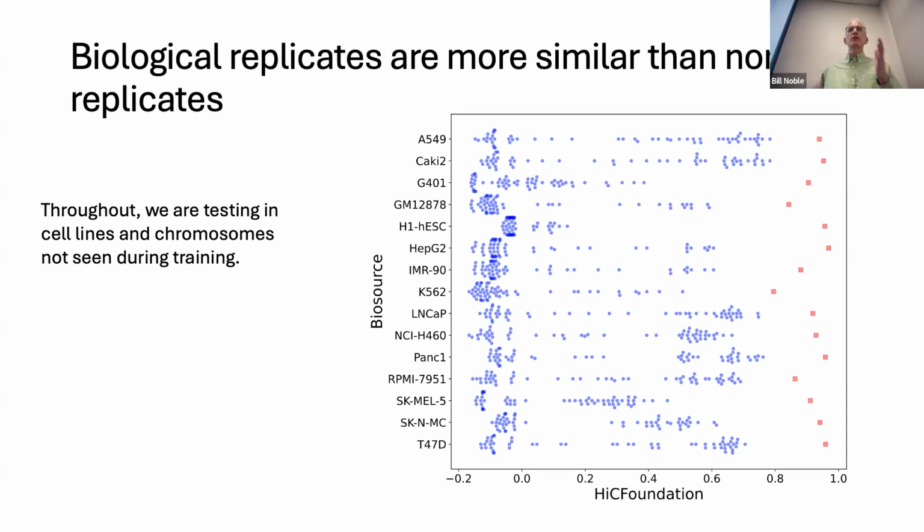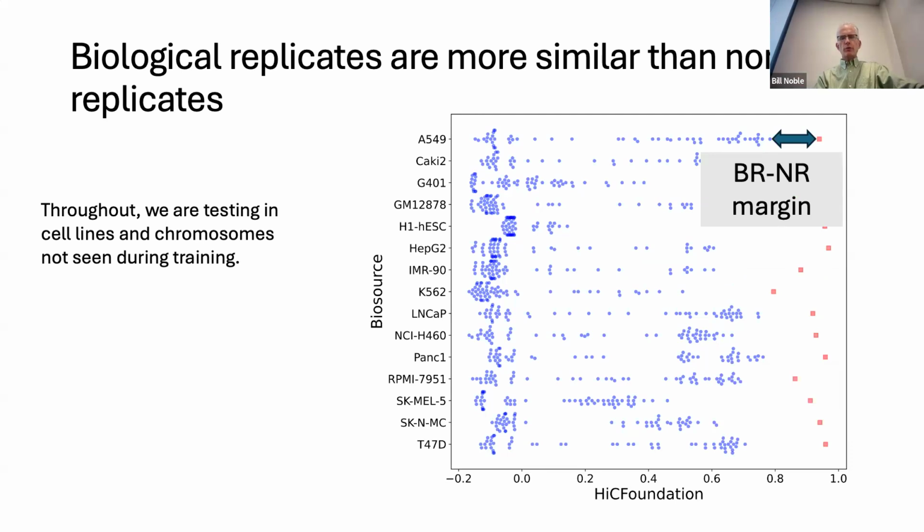Obviously what you want is for there to be a separation between the 2. What you can see is in each case, all the replicates are much more similar to one another than the non-replicates are. And in practice, what you often report is the so-called BR-NR margin. How well did we separate the 2 on a scale where all the different measures are between 0 and 1?